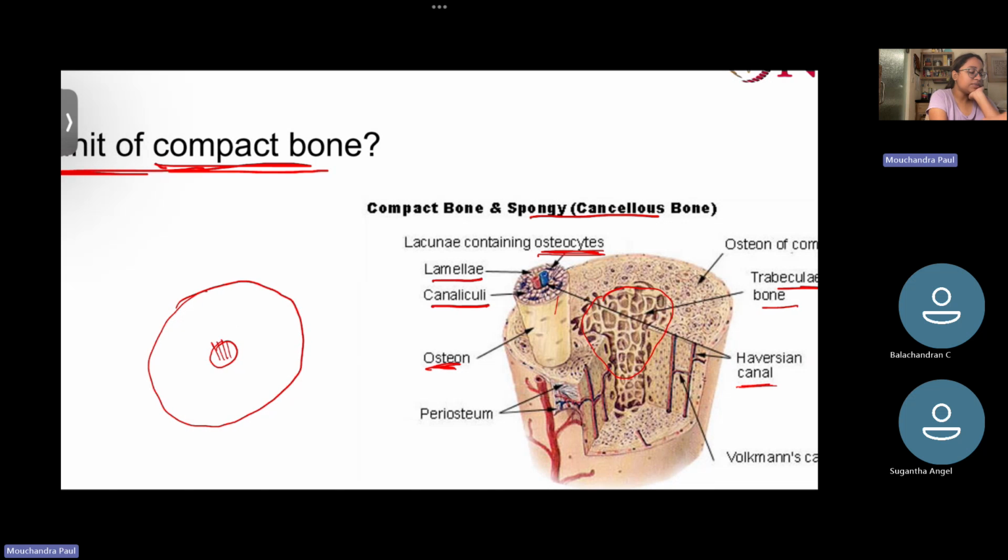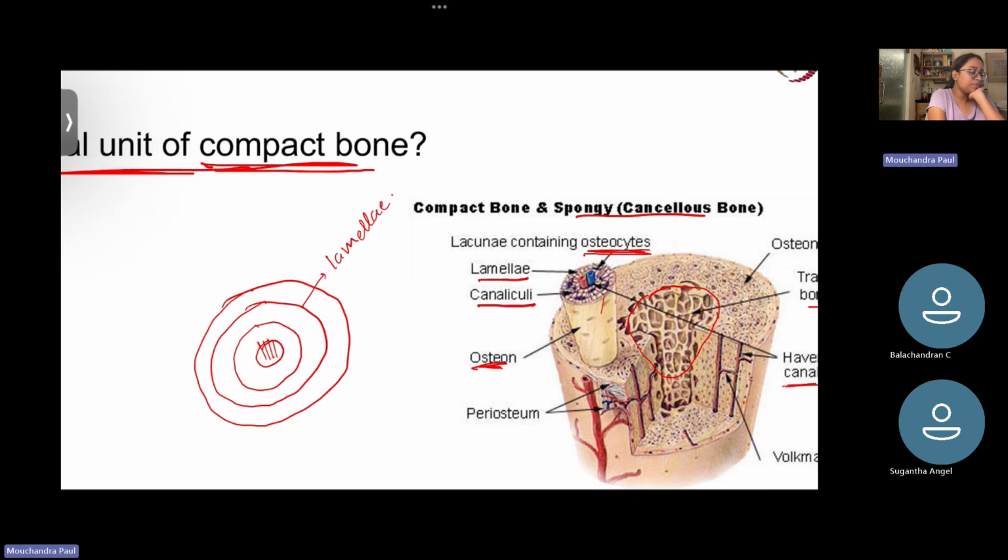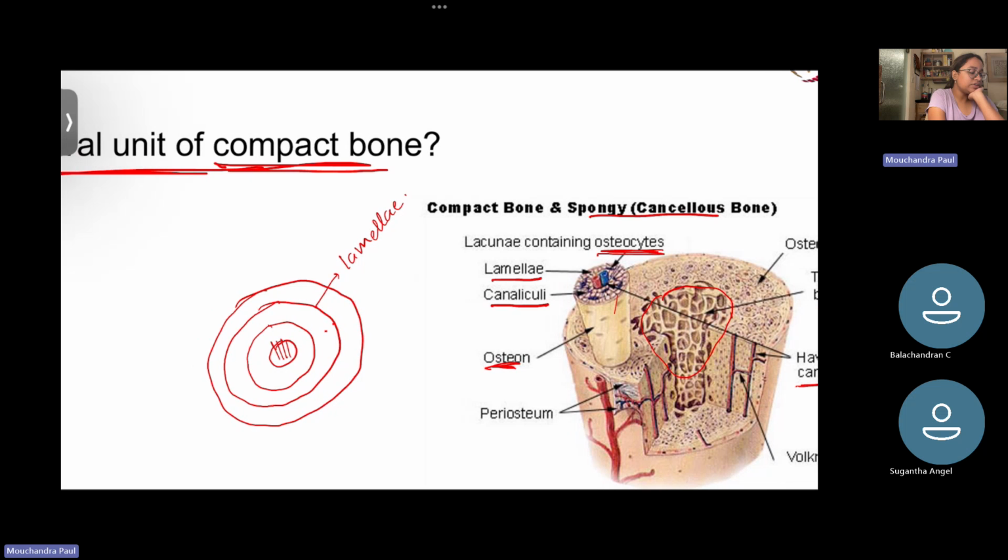It helps in supplying oxygen and nutrients. And outside, there are concentric circles. These circles, these rings of matrix, are called lamellae. Between the concentric rings of lamellae, there are spaces called lacuna, or lacunae in plural.